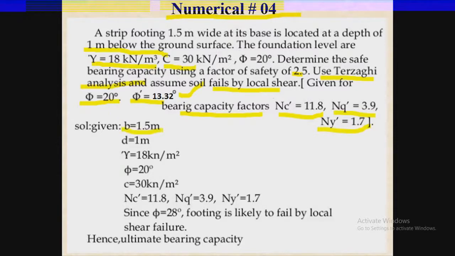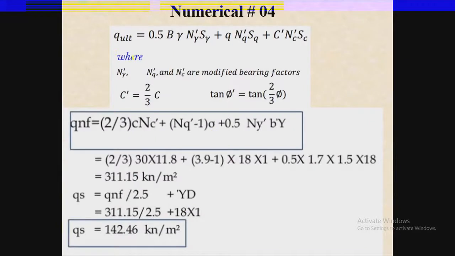Width of the foundation is given 1.5 meter, depth is 1 meter, gamma is given 18 kilonewton per meter cube, phi is 20 degree, C is 30 kilonewton per meter square, NC prime 11.8, NQ prime 3.9, N gamma prime 1.7. Now the expression for the ultimate bearing capacity in case of local shear failure is 2 by 3 C NC prime plus (NQ prime minus 1) into gamma D plus 0.5 N gamma prime B gamma.